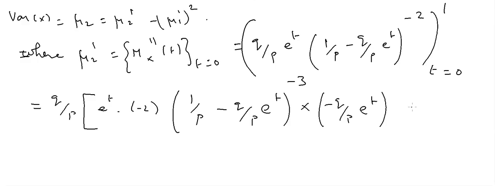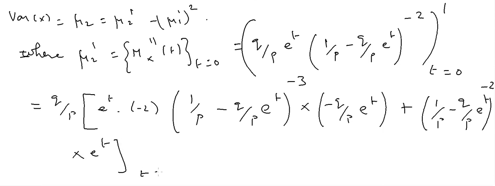Okay, so we derived the second term. Now you keep the second term the same, (1 by p minus q by p e power t) whole power minus 2, into, you differentiate e power t, it comes as e power t. Finally, we have to substitute t equal to 0.